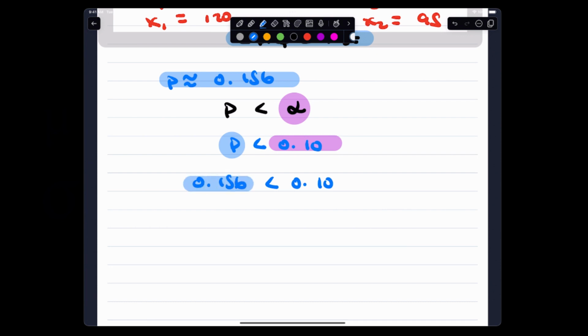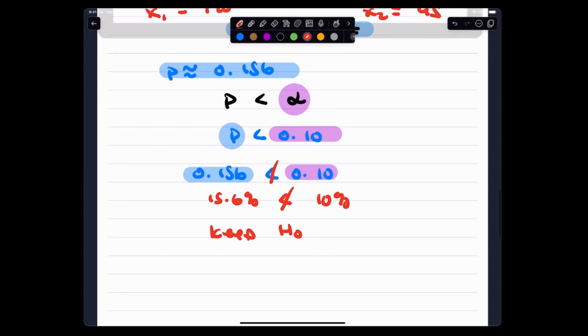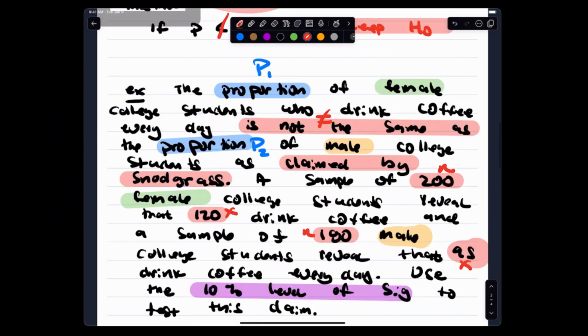Yay or nay? Nope. Okay, so your p-value is not smaller than the level of significance. What does that mean? Is the p-value low? No. Is 15.6% smaller than 10%? No, it is not. So what does that mean? You keep the null. Isn't that the modern method we wrote down here?